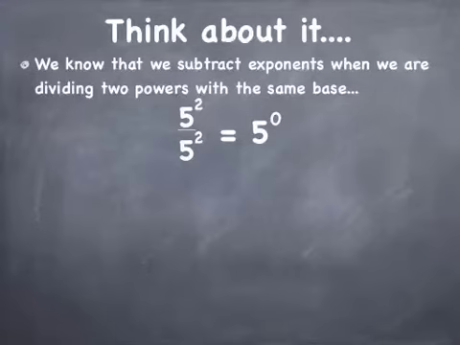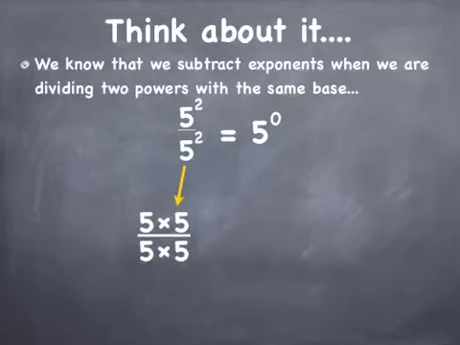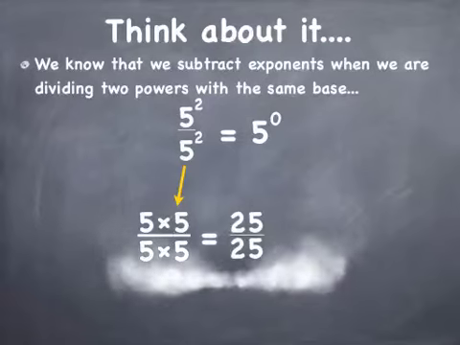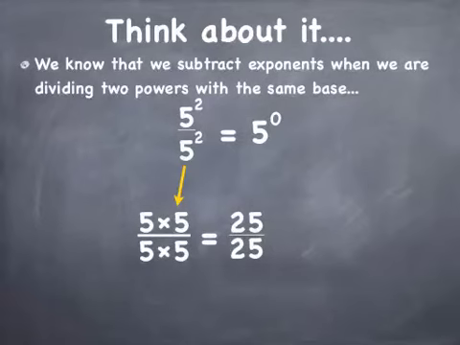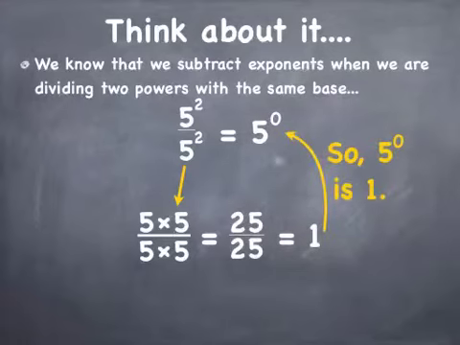But let's look at 5 squared divided by 5 squared. That would mean 5 times 5 divided by 5 times 5. Well, 5 times 5 is 25, so you would have 25 divided by 25. And anything divided by itself is equal to 1. So 5 to the 0 power is 1.